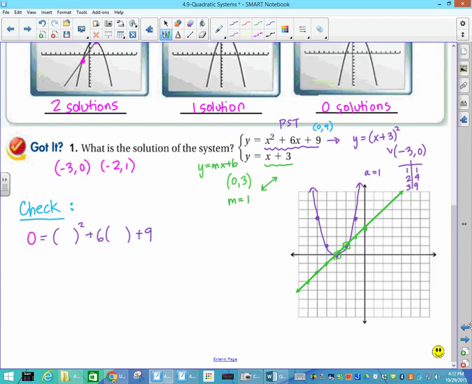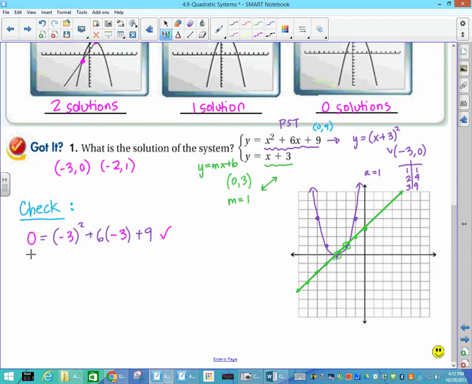And what am I going to put in for my x value? Of course, my negative 3. So I put in negative 3 and negative 3, and you put that whole thing in your calculator. That, of course, is 9 minus 18 plus 9. And that checks, that one works.